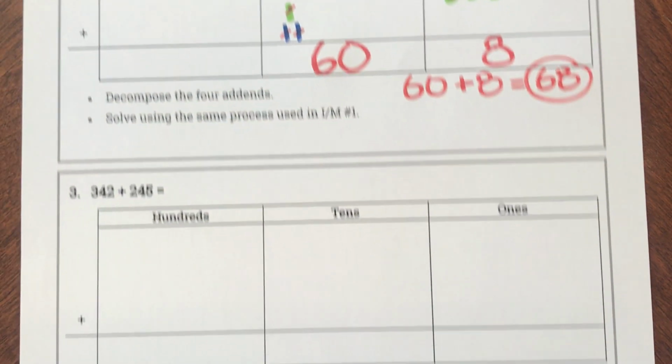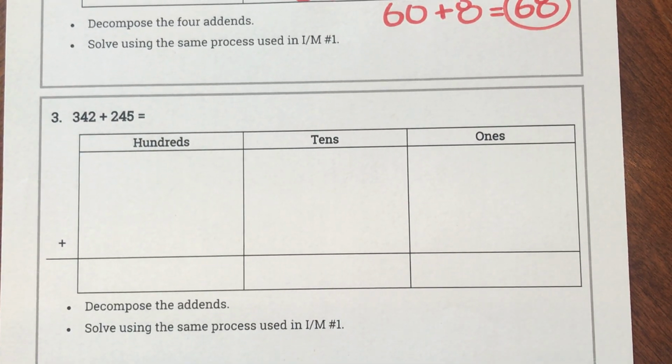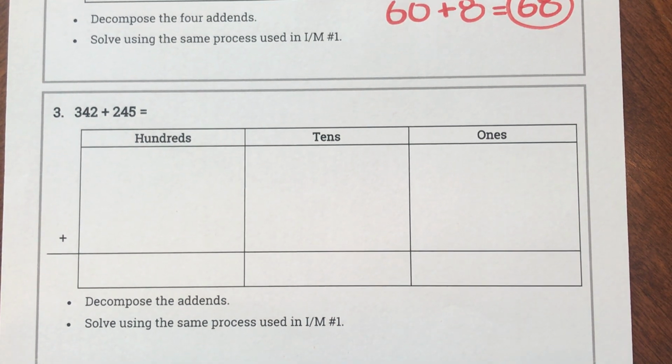Okay, let's do our last one that you're going to watch me, and then we'll do some together. Okay, this time I have only 2 add-ins, but they are in the hundreds place. They're larger add-ins. So they're in the hundreds place.